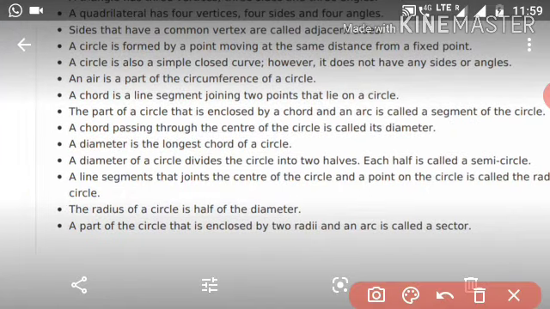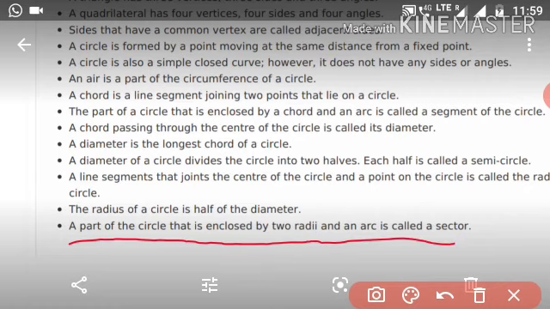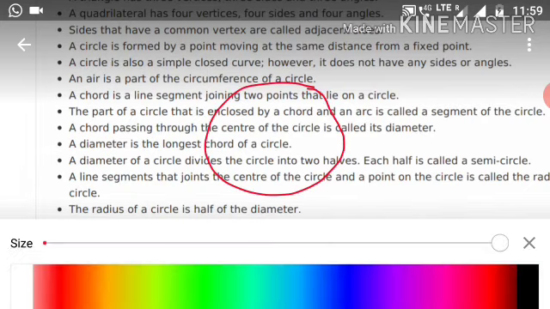Now a part of a circle that is enclosed by two radii and an arc is called a sector. This is one circle, and this is one part of the circle.